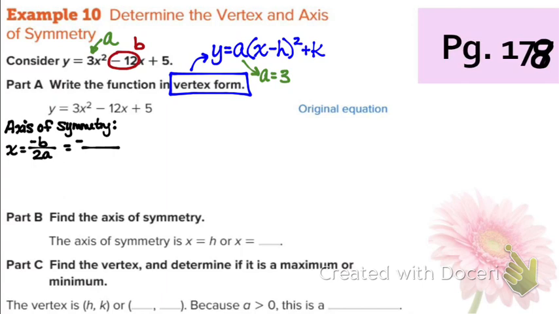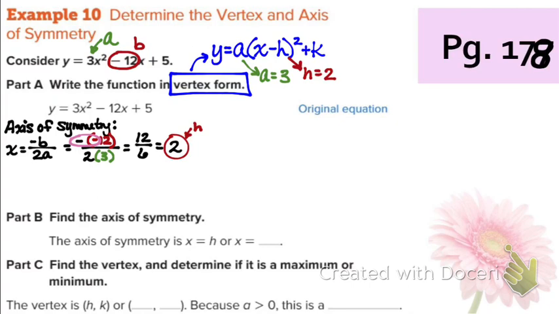So I have negative, and then I put negative 12 in for b, over 2 times what? 2 times 3. What happens here with the negative and the negative? Cancel out. So I have 12 over 6. What's 12 divided by 6? 2. What did I just find? Axis of symmetry, which is which important piece of information? H. So now I know that H is 2.